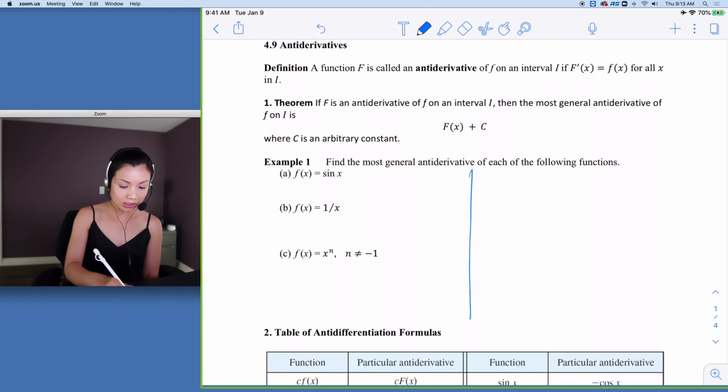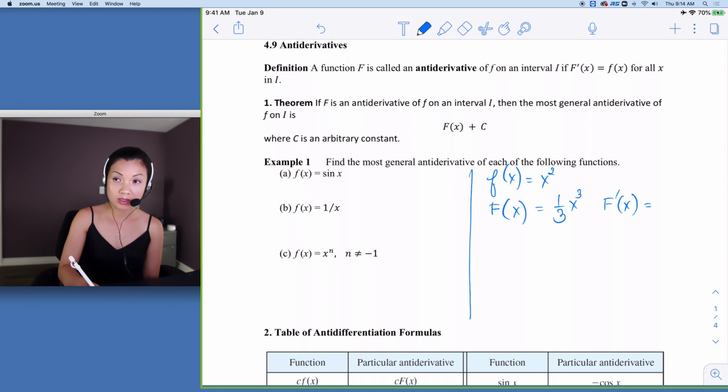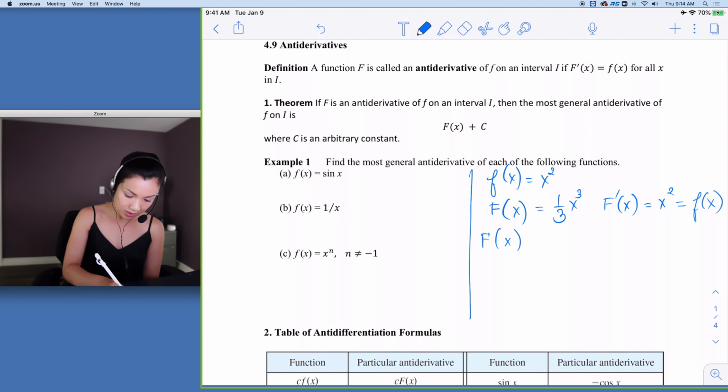So let's take a look at f of x equals x squared. So F of x is going to be 1/3 x cubed. Now think about this. When you take the derivative, you get x squared, which is f of x. But let's consider, I shouldn't use F, how about G?